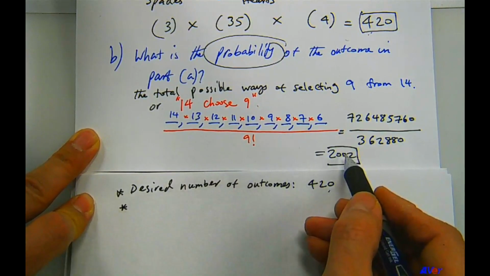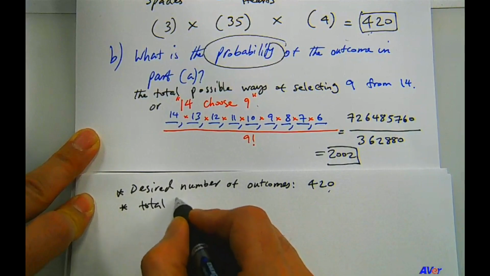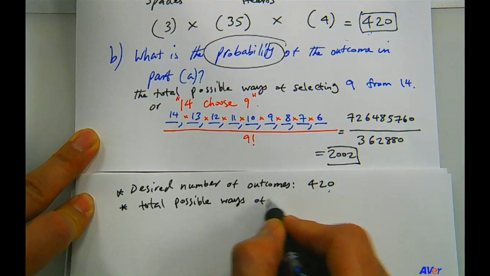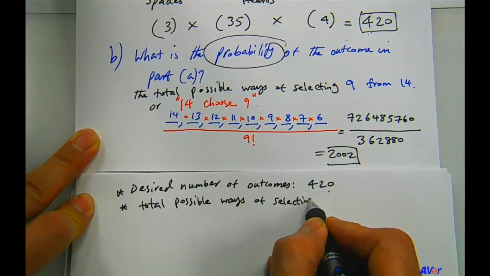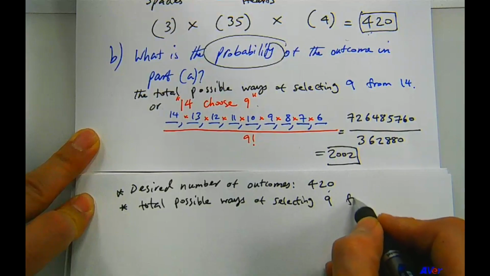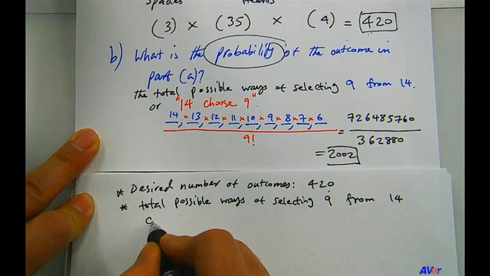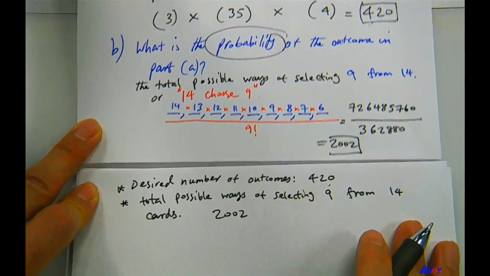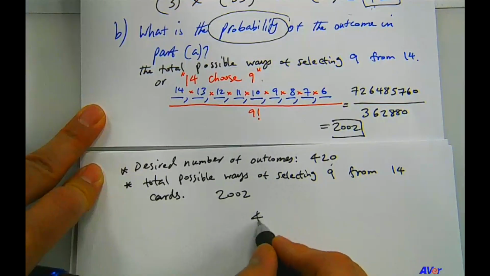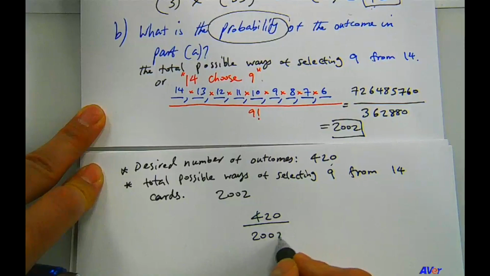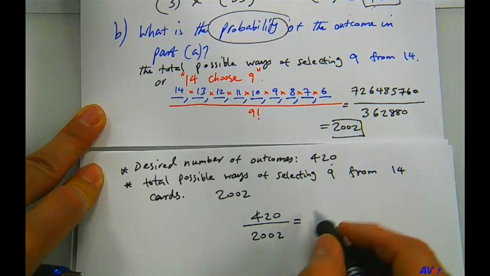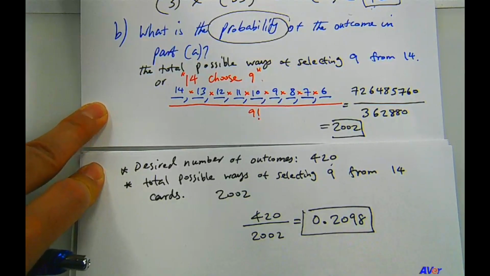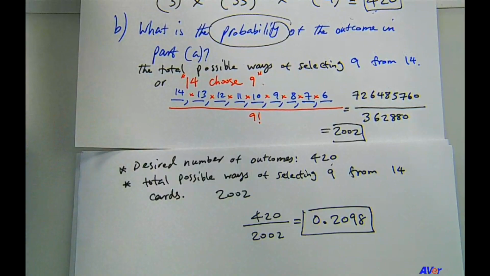And then we also counted here total possible ways of selecting 9 from 14 cards. And that's 2002. So to find the probability, we simply take 420 divided by 2002. And what I got was 0.2098, which is carried to 4 decimal places.